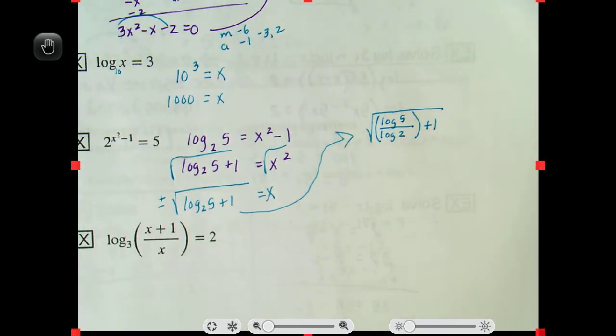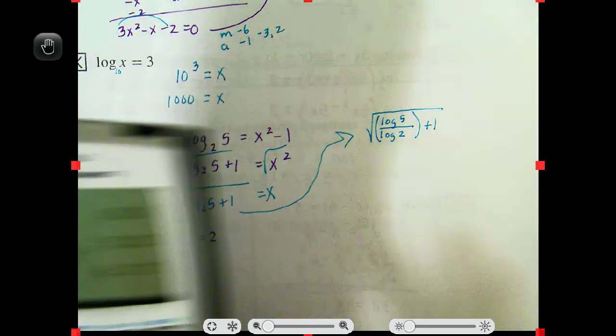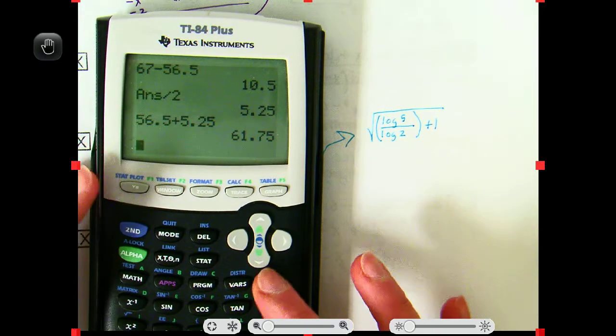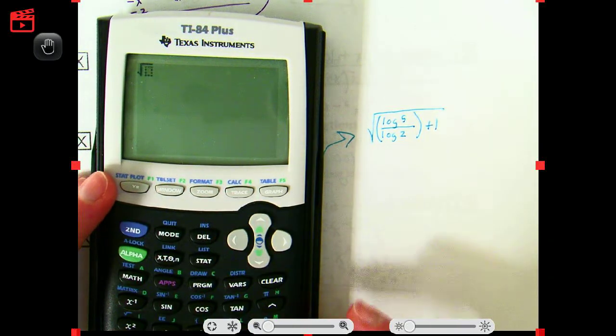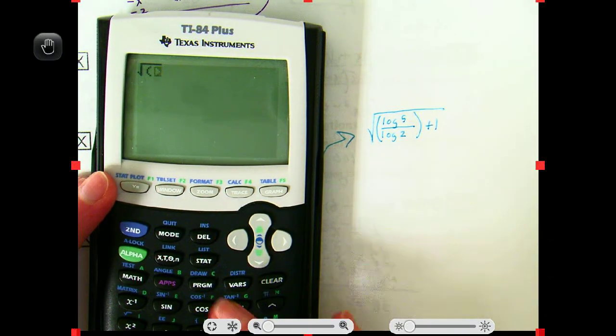Now, when I type this in, let me grab my calculator quick. Hopefully you're also typing this in while you're waiting for me. So let's see. Big old square root in parentheses log 5.